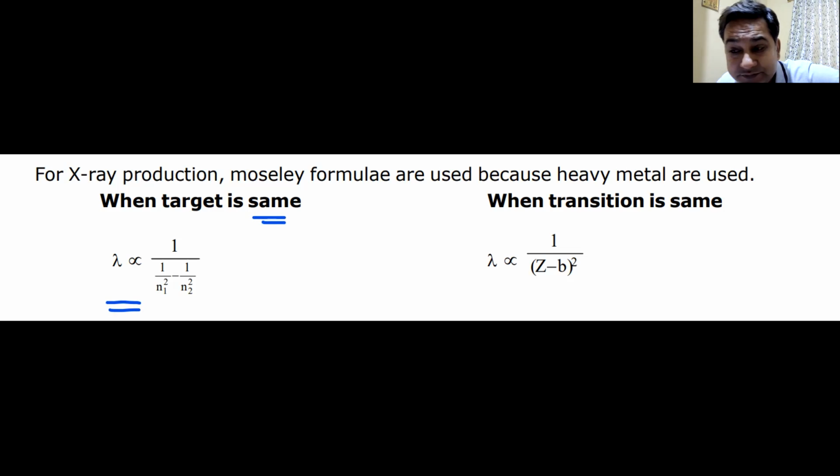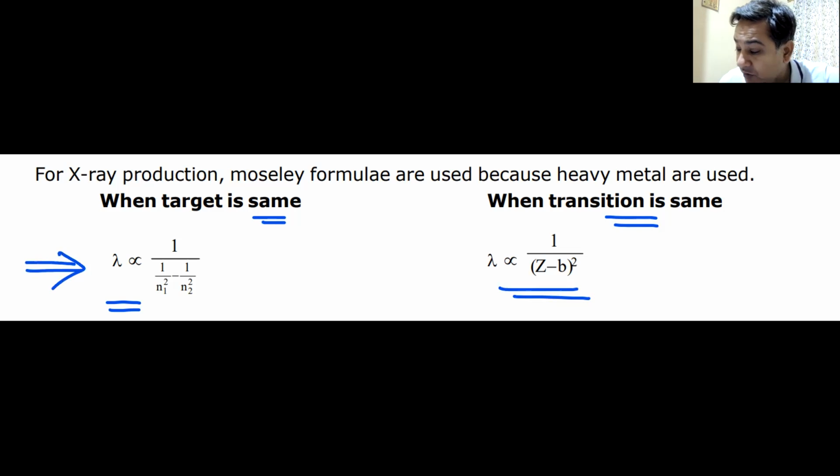Do we understand this? When the transition is the same, that is, I am making the same jump from the same n1 to the same n2, lambda is proportional to 1 by (Z minus b) whole square. Do you understand this? These are two very important formulae that you must keep in your head whenever you solve a question. Please note it down. Important points.